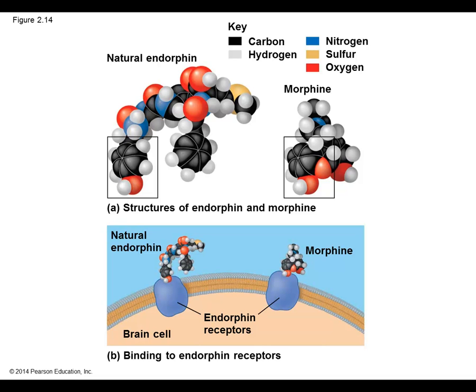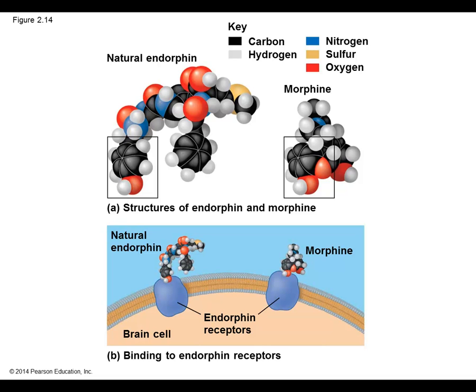So the last concept: biological molecules recognize and interact with each other with a specificity based on molecular shape. There are synthetic molecules with similar shapes, and they can mimic the biological effects of a natural molecule.